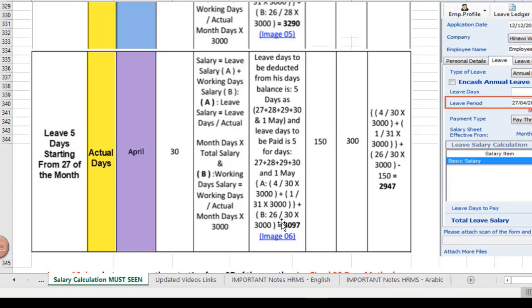And then if we're seeing here part B, it says that 26 divided by 30 multiplied by 3,000, which gives us 3,097. When we're talking, by the way, about part B here, why did we put 30 again? Because we're looking at the actual month days of April. So the actual month days of April. That's why it's 30 right here.